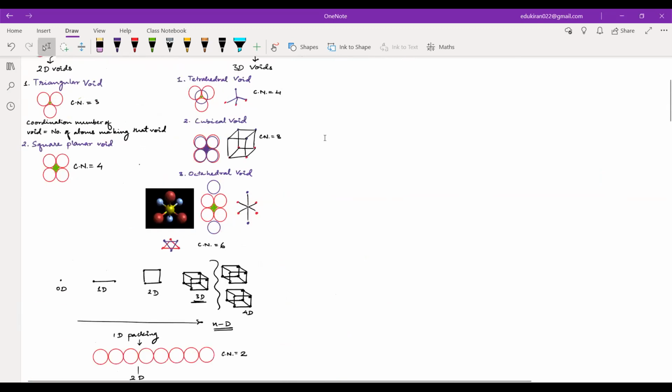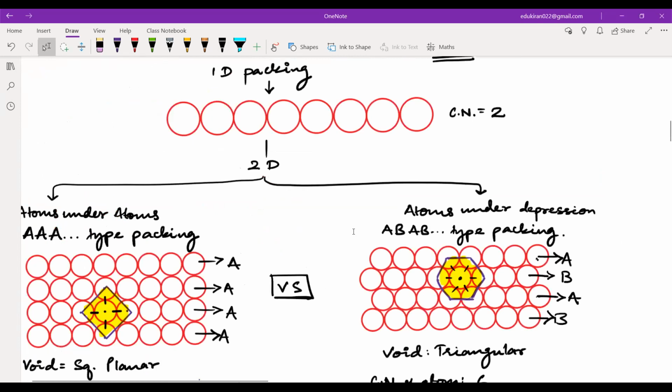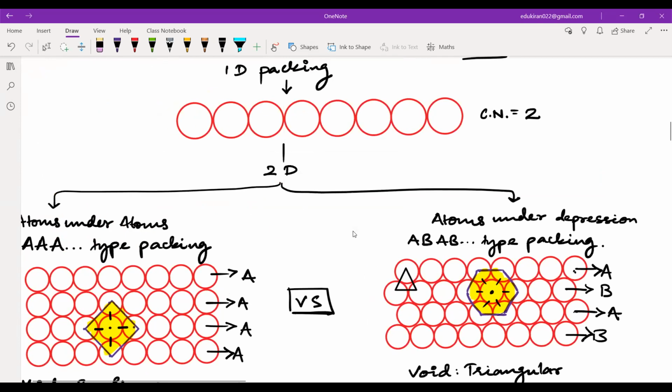If you see here, this was the unit cell, right? Now this unit cell is of AB type packing.